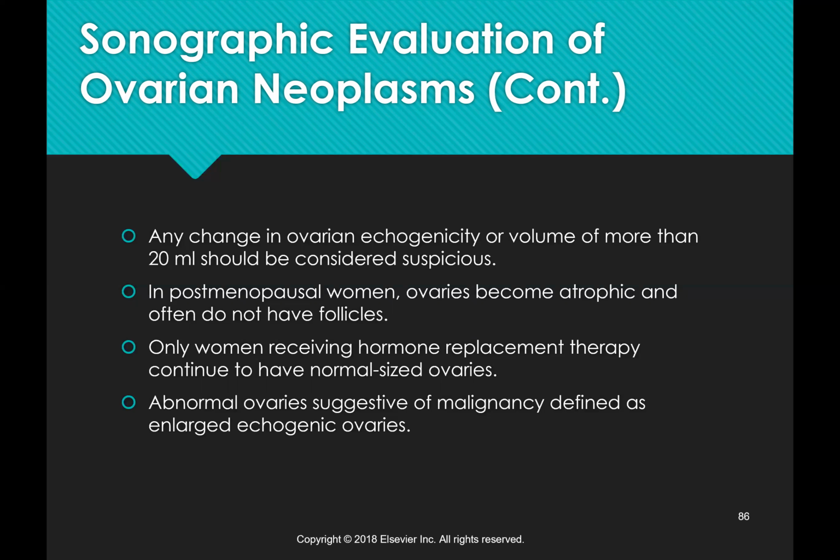This is especially true in a postmenopausal woman, when the ovaries are atrophic and don't have many follicles. If you see a very plump ovary that's very easy to find in a postmenopausal woman and is measuring quite large, that's a very significant finding and should be written on your report.